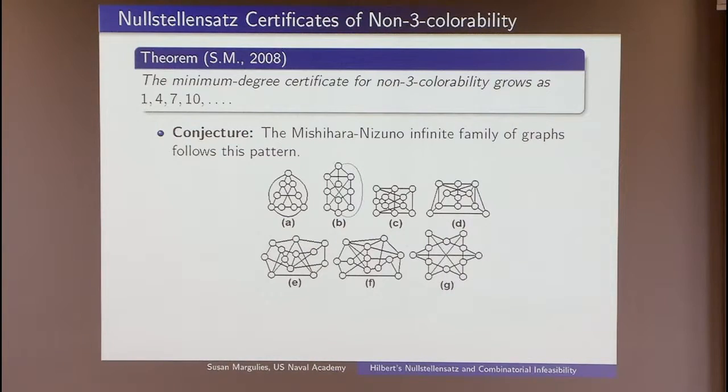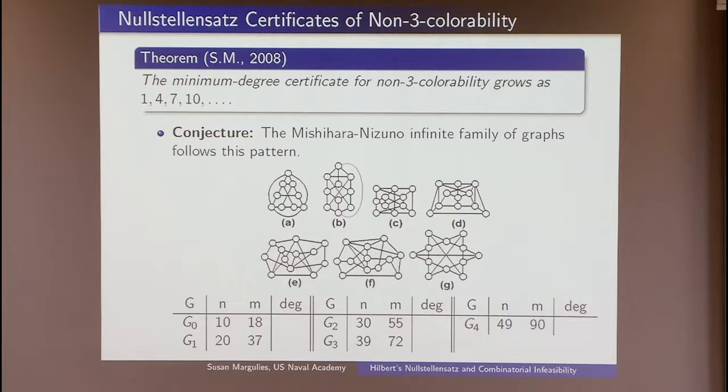And it turns out that if you apply that algorithm and create an infinite family of graphs, so here we've done that, G0, G1, G2, G3, G4: 10 vertices, 18 edges; 20 vertices, 37 edges; 30, 55; 39, 72; 49, 90. So we've constructed a little bit of this infinite family.